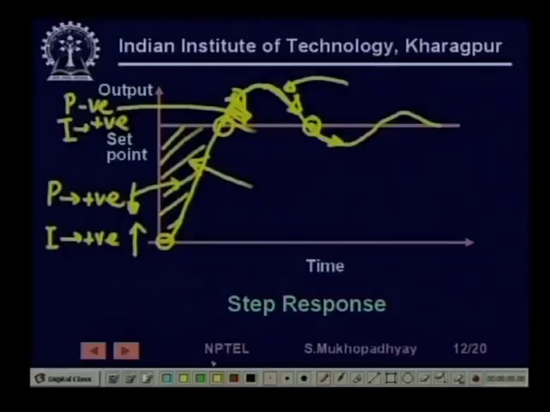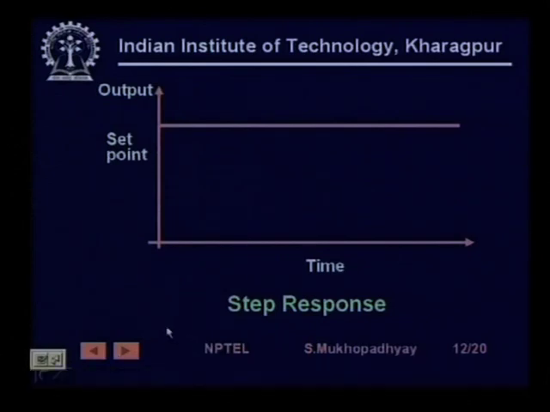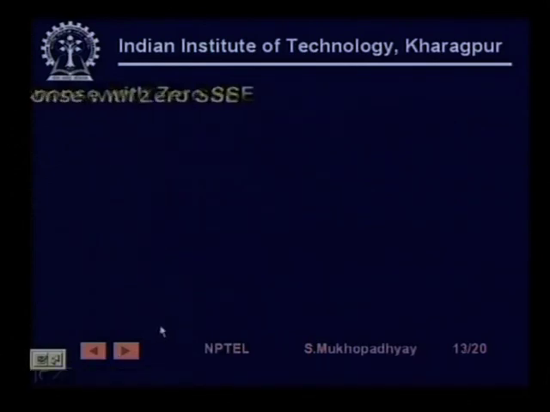This is a drawback of integral control: to gain zero steady state error, this is the price that you are paying, that in your transient response you are likely to get some overshoot. So that is the picture for the step response.